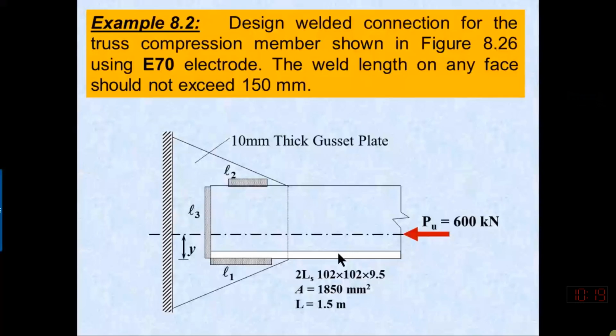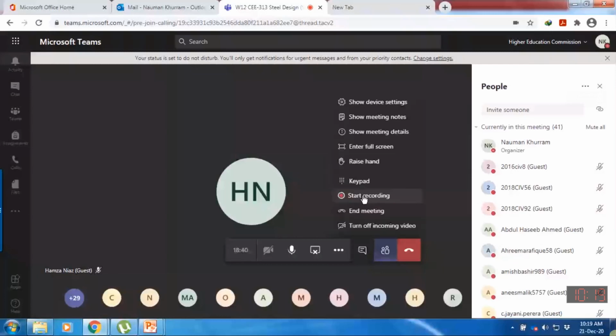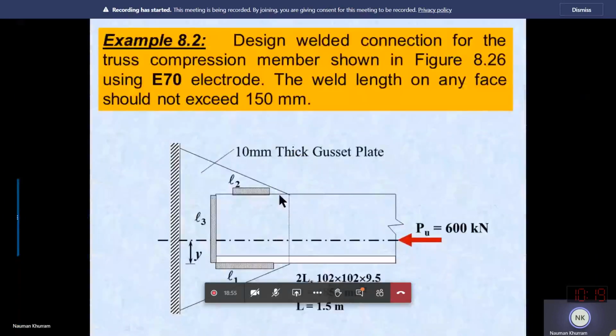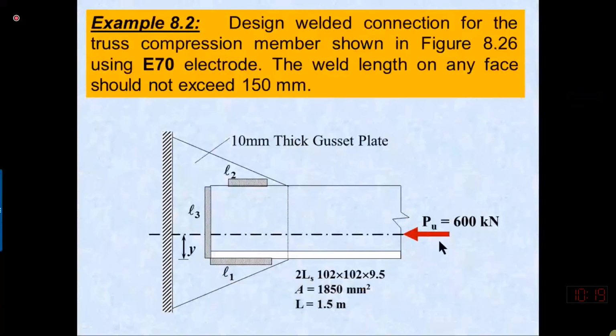So let me start the recording also. Again, today, we are going to study the example where we will learn how we can design the welded connection for a compression member or for a stress reversal member where the factored tensile forces are less than compressive forces.